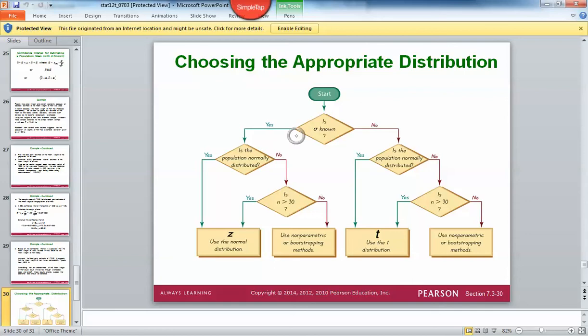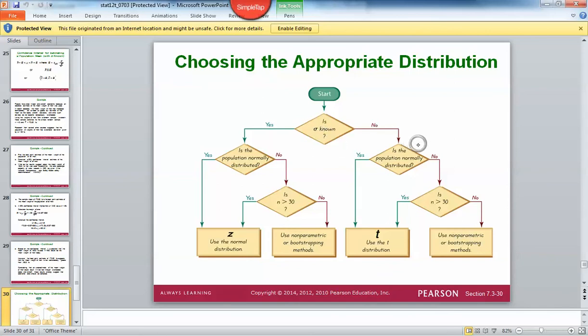Of course, it has to be also either normally distributed or n needs to be greater than 30 to use a z-distribution. Even if you know the standard deviation, if it's not normally distributed and the sample size is not greater than 30, then we have to use some other method.